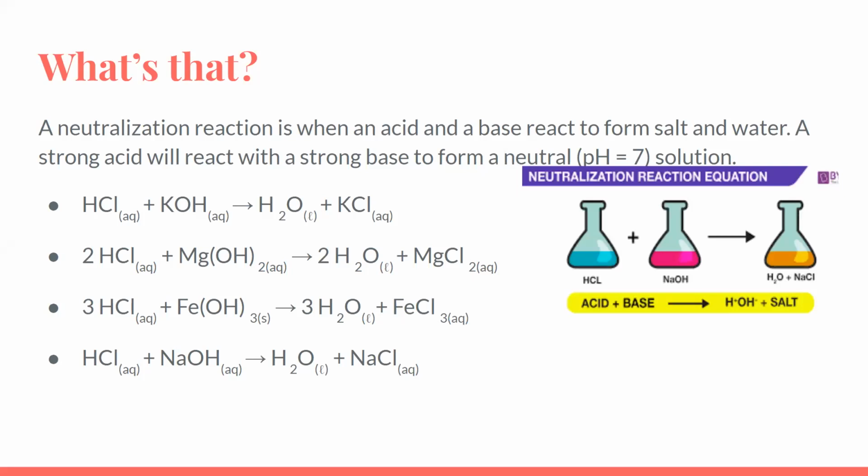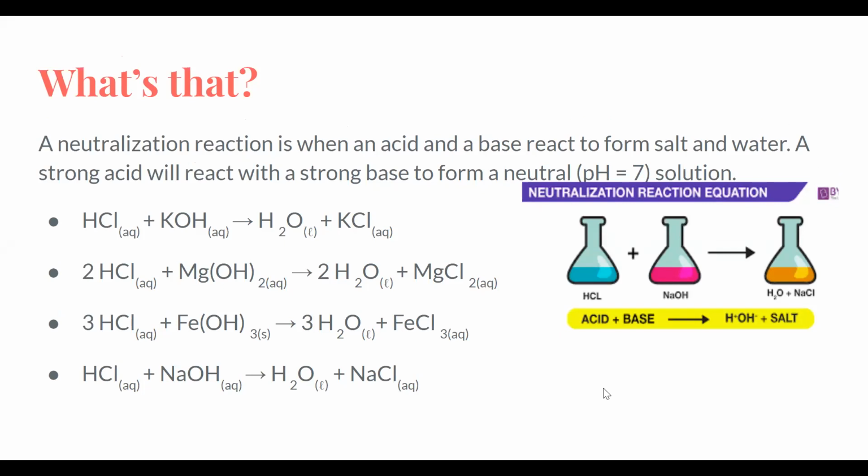Let's look more in depth into a definition of what a neutralization reaction is. A neutralization reaction is when an acid and a base react to form salt and water. A strong acid will react with a strong base to form a neutral pH 7 solution, and we just saw that there. And here are some examples of neutralization reactions.